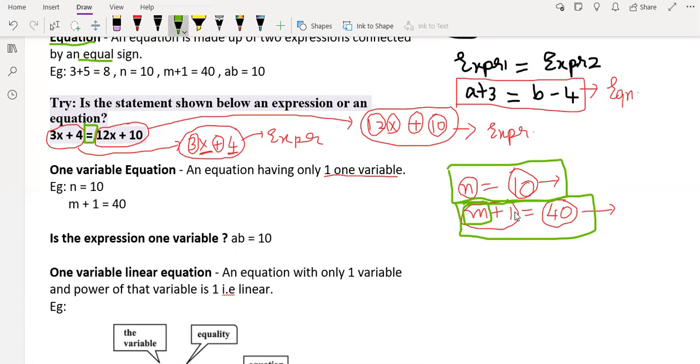All the others are numbers. 1 is a number, 40 is a number, 10 is a number. So these two equations have only one variable.